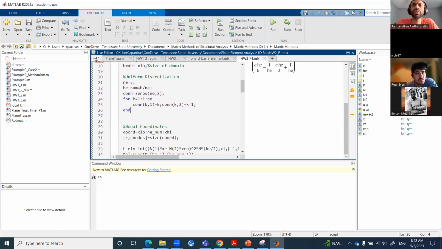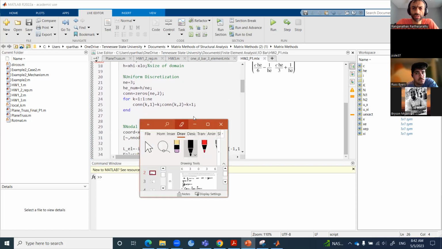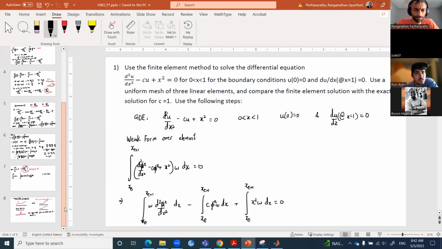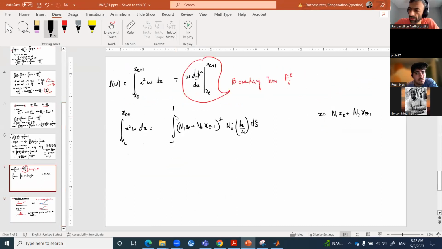So connectivity, this is connectivity. So this one is just saying, if I divided 0 to 1 into 1, 2, 3 elements of equal size, then this is element 1, this is element 2, this is element 3, and this is node 1, node 2, node 3, node 4.